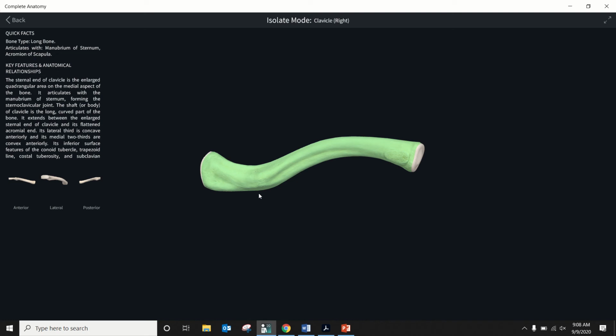All right, so let me pull the screen up. Let's see how well this blue marker works. What inserts at that landmark is called the coracoclavicular ligament.